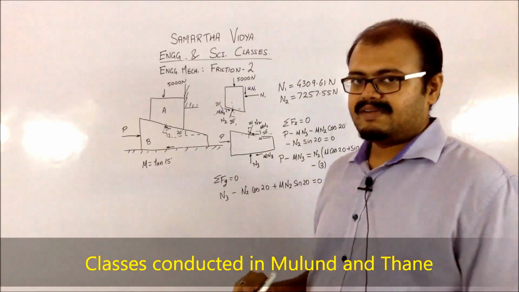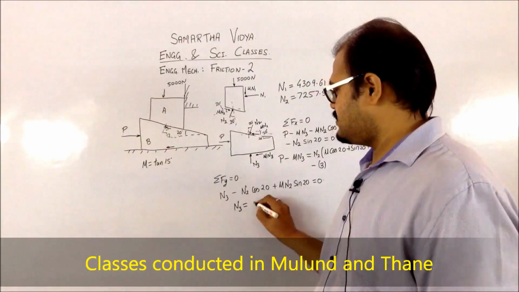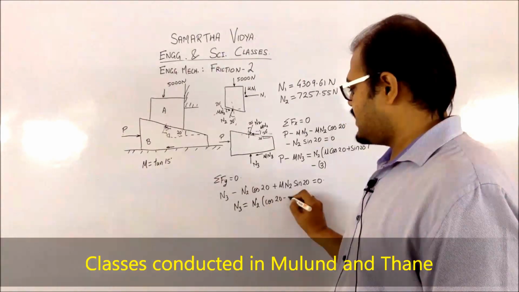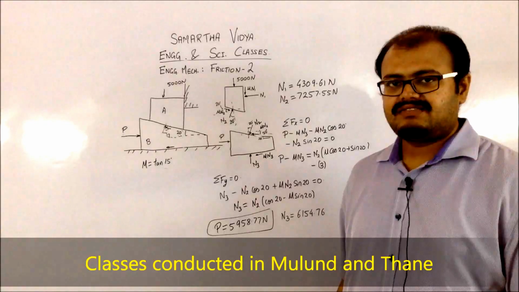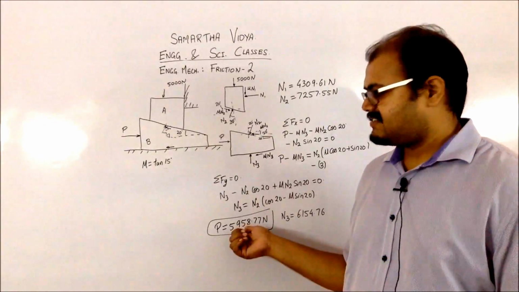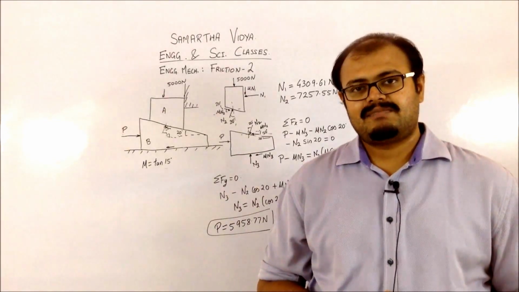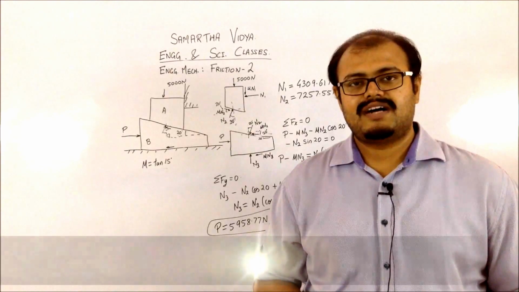So from here you will be directly getting the value of N3, which is going to be equal to N2 into cos 20 minus mu sin 20. So this is how you will be getting the value for your P, which is 58.77 Newton.